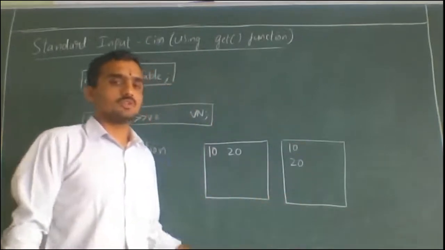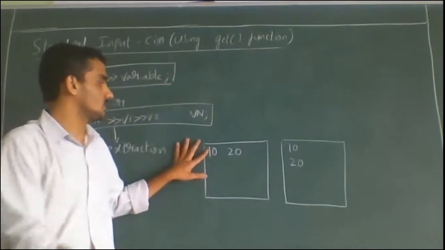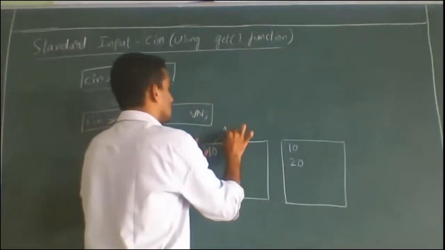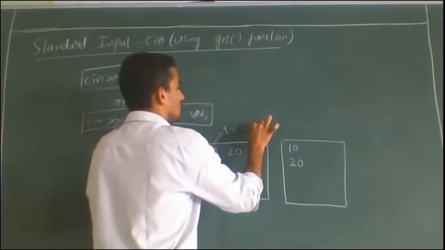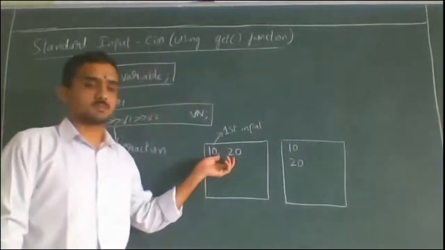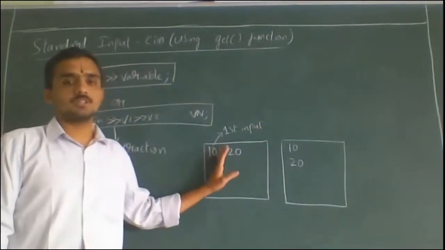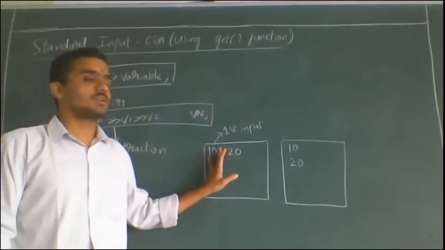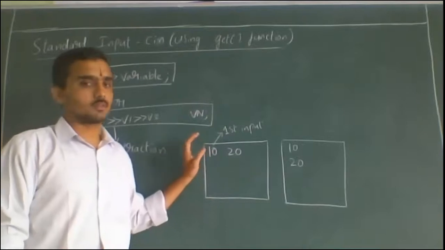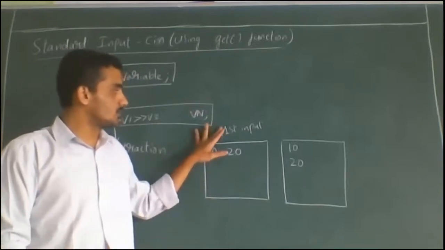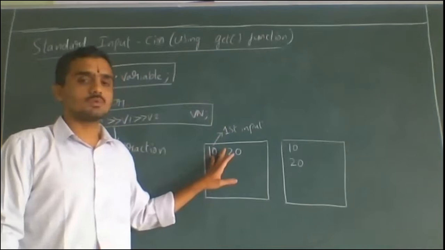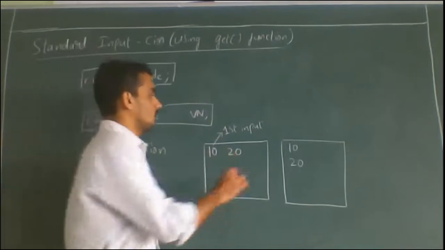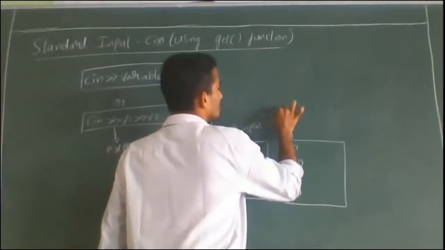So that means when you enter the first value 10, this is taken as the first input. Afterwards, if you press the space bar, that is also a character, but that character is not taken as an input. This concept you have to understand. So 10 is taken as an input, the blank space, whatever you type, is not taken as an input, and 20 is taken as the second input.